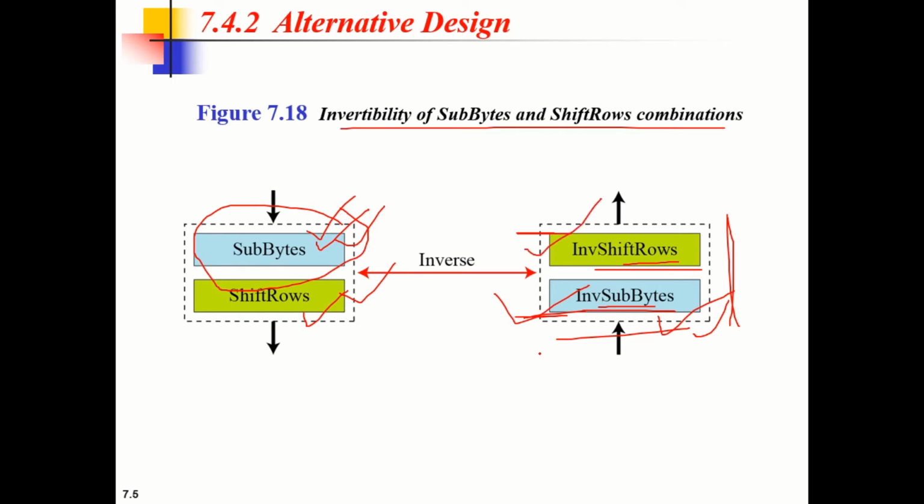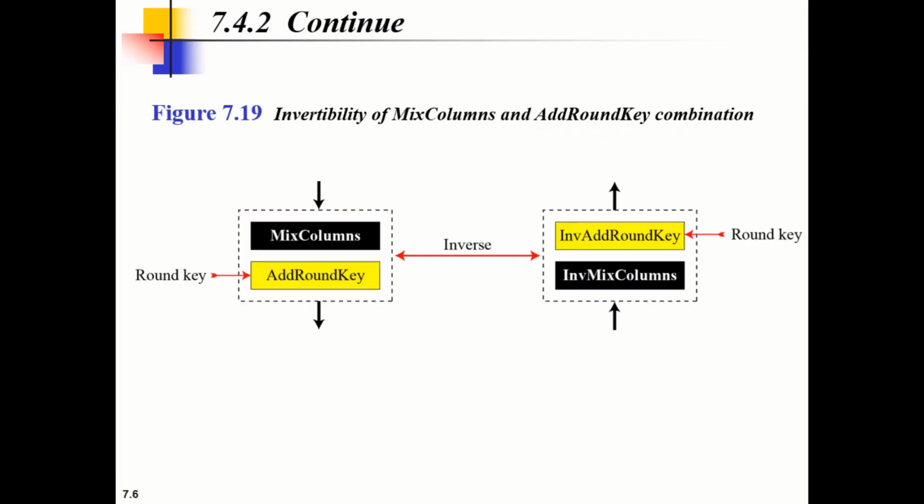Okay, so this design also we can opt for implementing AES. So just like these 2 operations, we can also invert the sequence of the other 2 operations as well. So we perform mix column first, then we add the key, and at the decrypting end, we add the inverse key first, and then we use the inverse mixing, right?